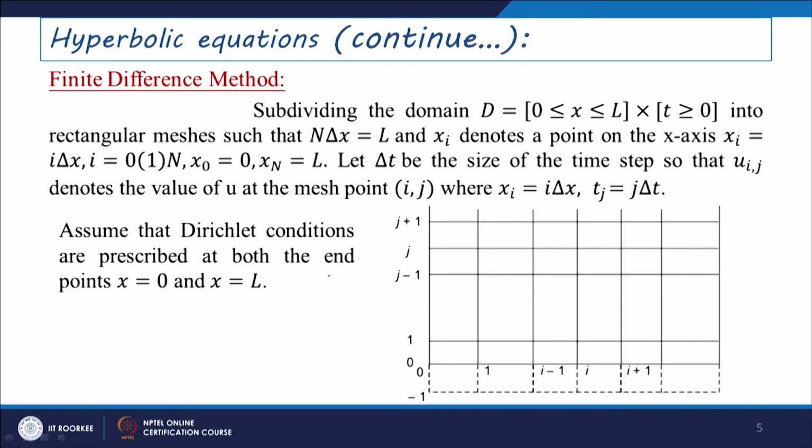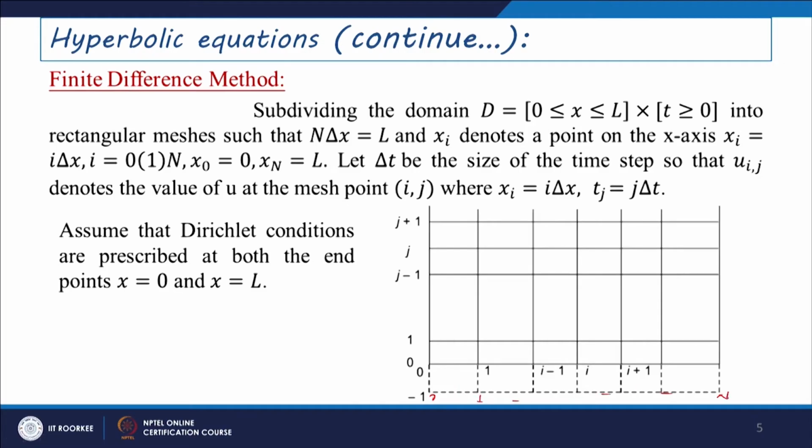If you go for a finite difference method, then we have to subdivide the domain x equals 0 to L, for t greater than or equal to 0, into a finite number of grids, suppose points 0, 1, 2 up to n.